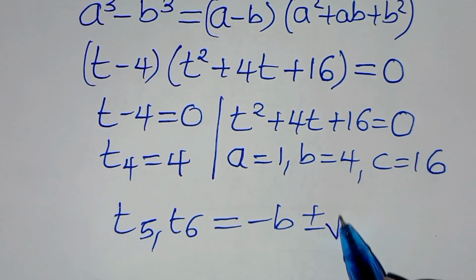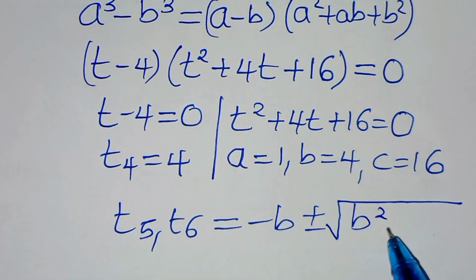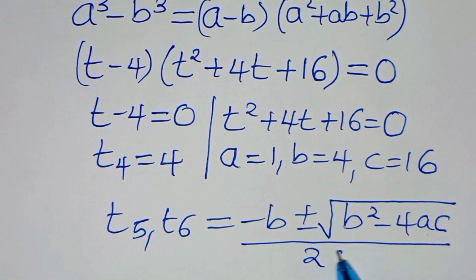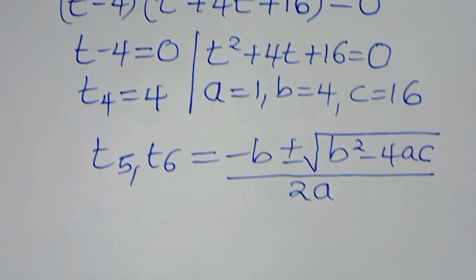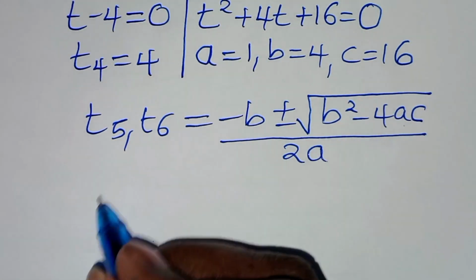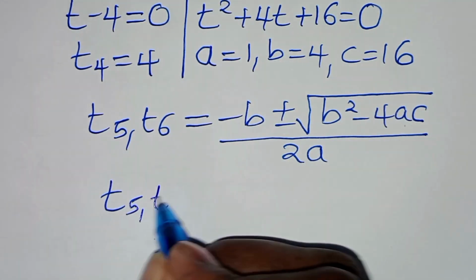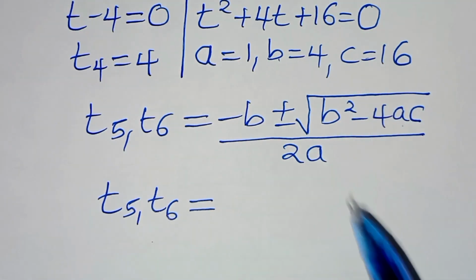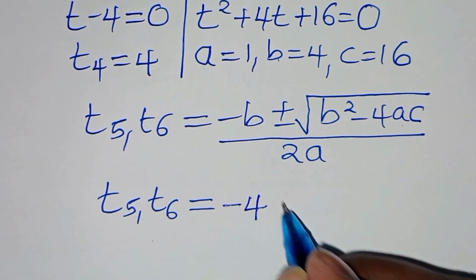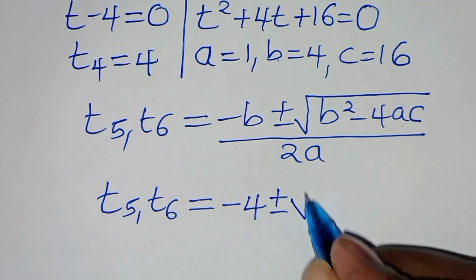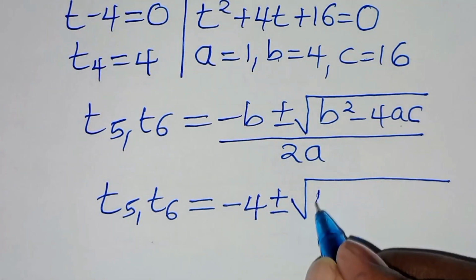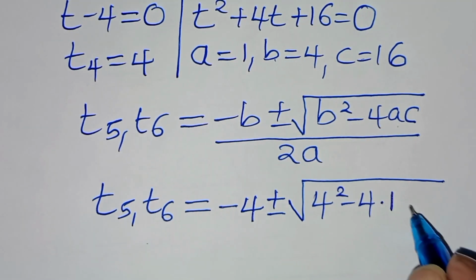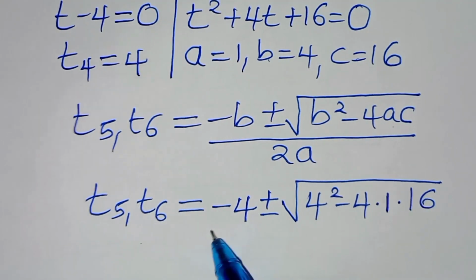Minus b plus or minus the square root of b squared minus 4 times a times c over 2 times a. So here we have t5, t6. Let's substitute the values of a, b, and c. So here we have minus 4 plus or minus the square root of 4 squared minus 4 times a, which is 1, then times c, which is 16, over 2.